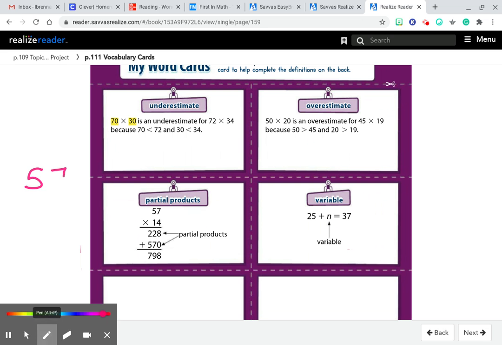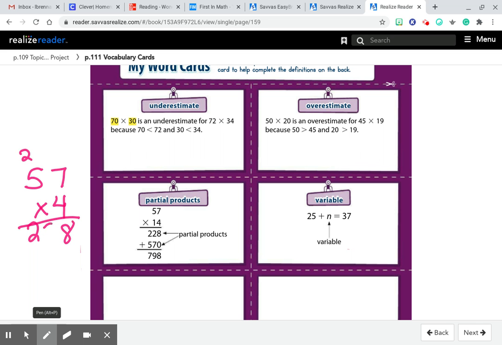So if you were actually doing this, you would be multiplying 57 times 4 first. 7 times 4 is 28. Put the 8 down and carry the 2. We're using the distributive property of math. 4 times 5 is 20, plus 2 is 22.